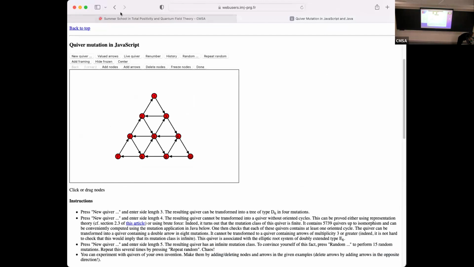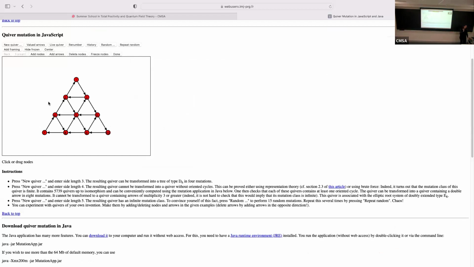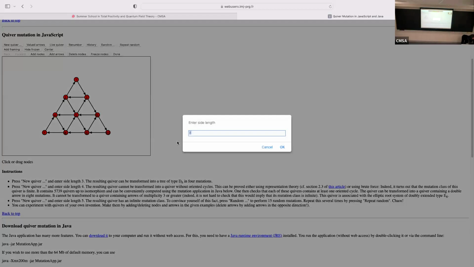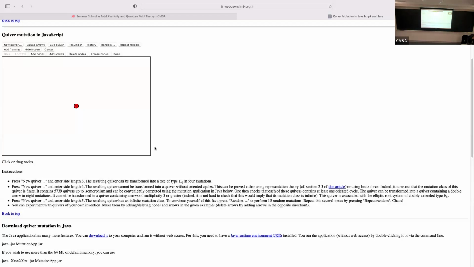Okay, so here's the website. If you scroll down a bit, you're going to see this little window where you can design your own quiver. This is always the starting one, but you can also get a new quiver, and then just by dragging and dropping, adding nodes first, and then adding some arrows.